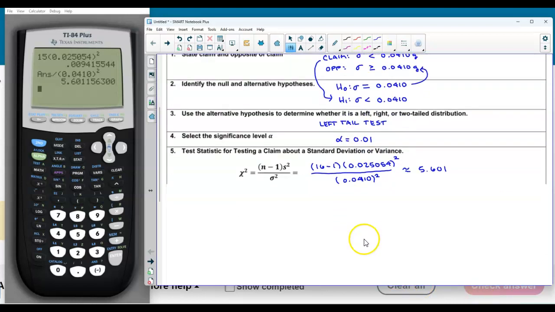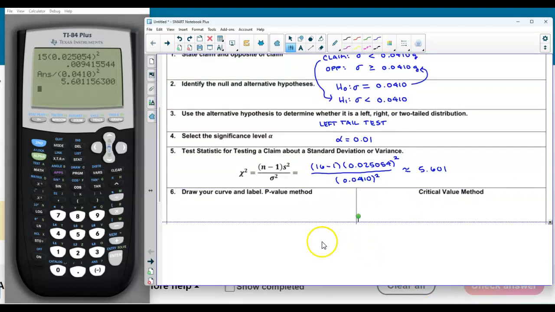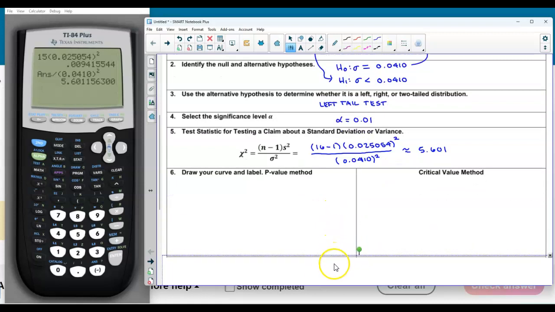Okay, so now since they're using the p-value method, we're going to draw the curve and then label where we can find the p-value. Now recall here that since we're dealing with the standard deviation, we have a right-tailed distribution for the bell curve. We also know that this is a left-tailed test, so we're looking for this shaded area here.